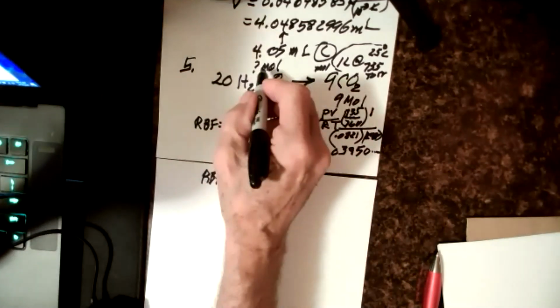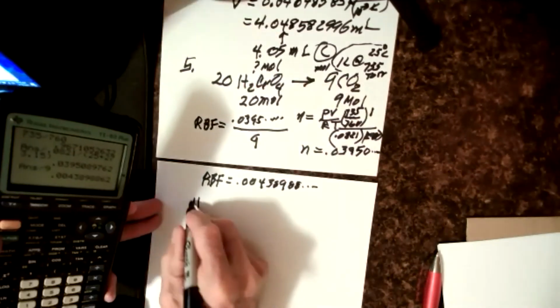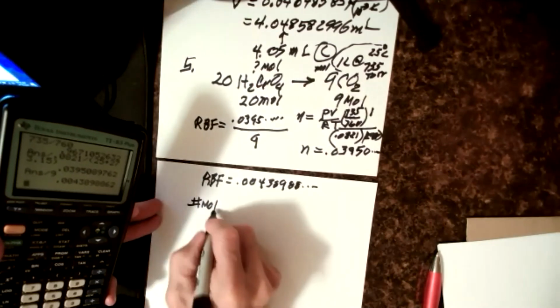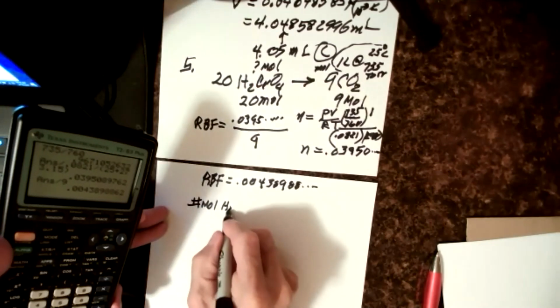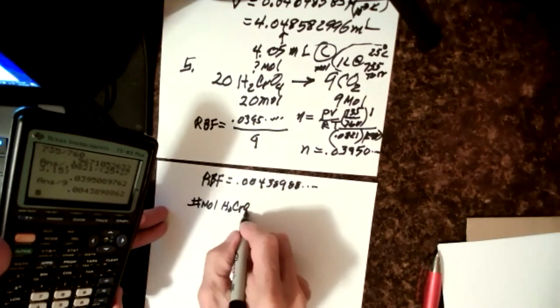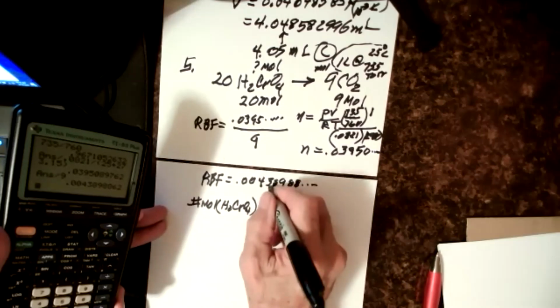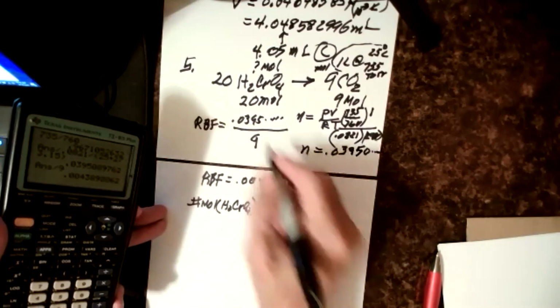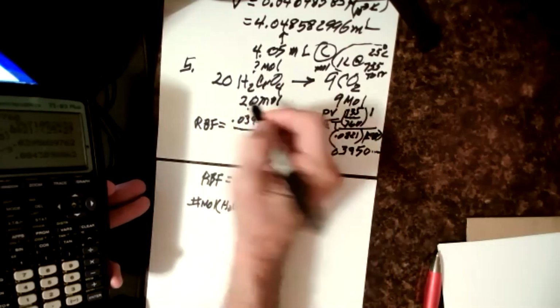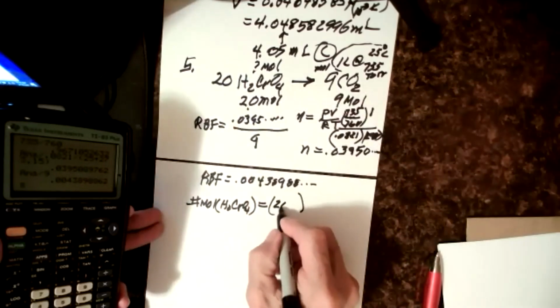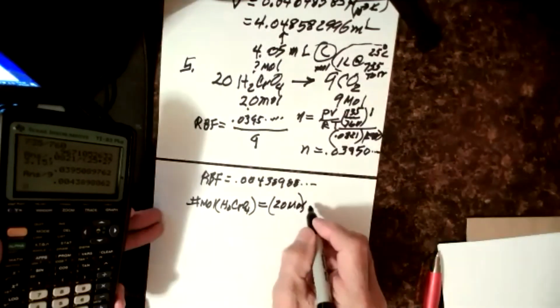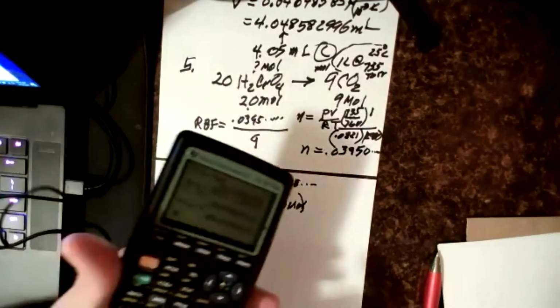Now I want to get the number of moles. So my number of moles of the chromic acid is going to be equal to the RBF, this number, times what's under the question mark in my problem, 20 moles of the compound. So I've got my rebalancing factor.